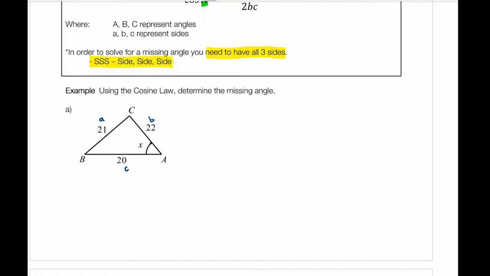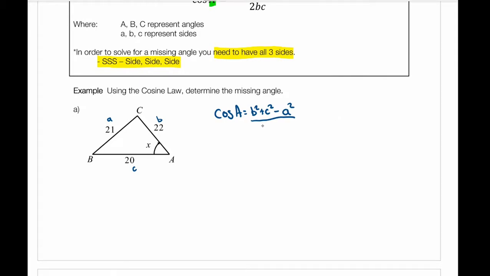Because I'm looking for angle A, I know that it has to be cosine A equals b squared plus c squared minus a squared. So again, that angle A and the subtraction have to be paired up. So we see cosine A, we're subtracting side a, everything's paired up, divided by 2bc.